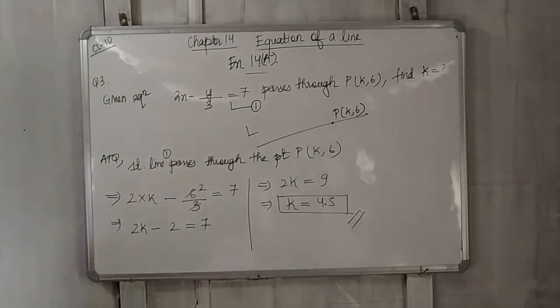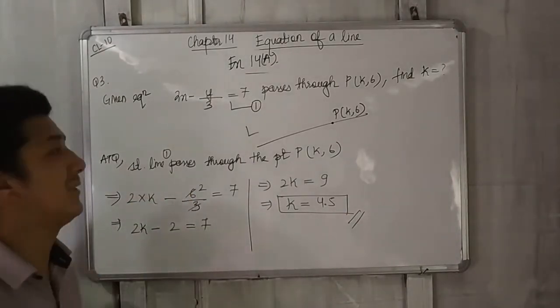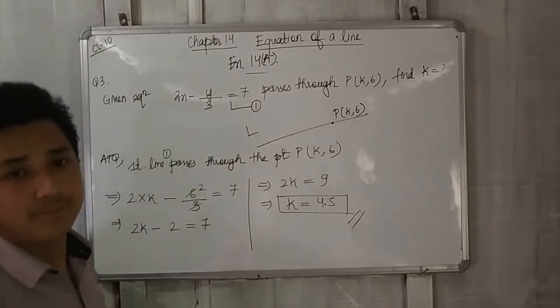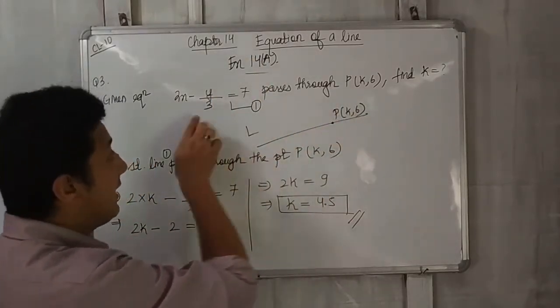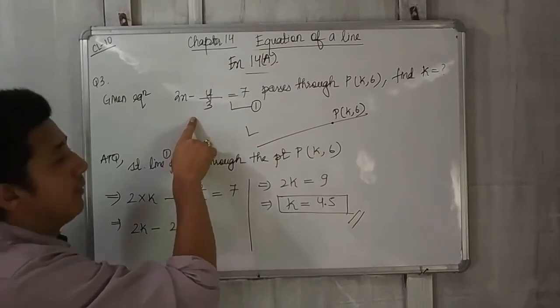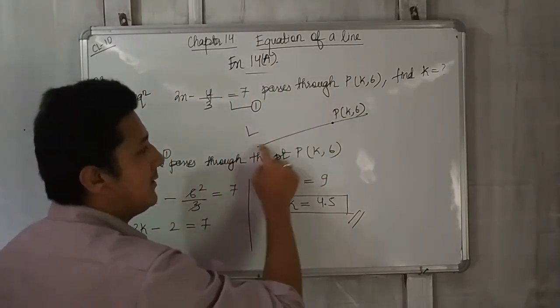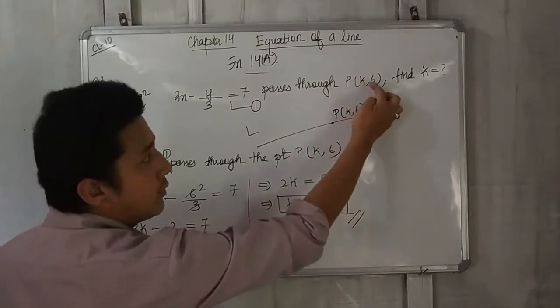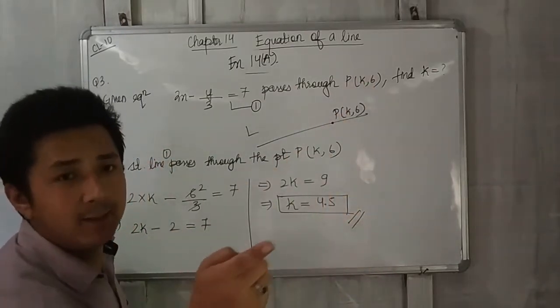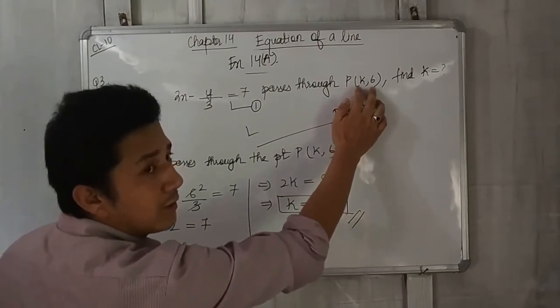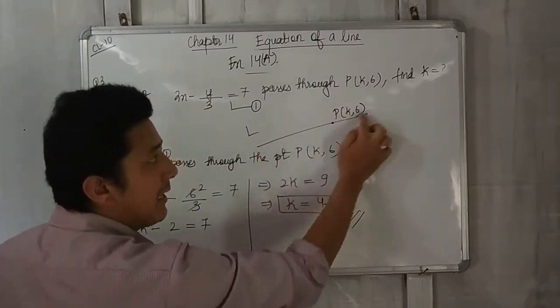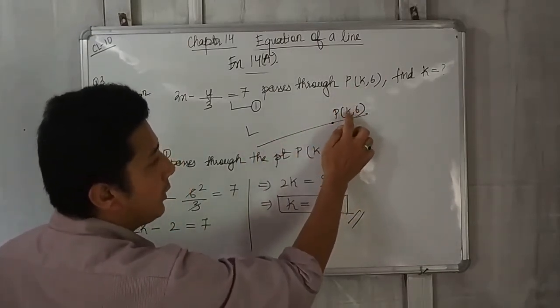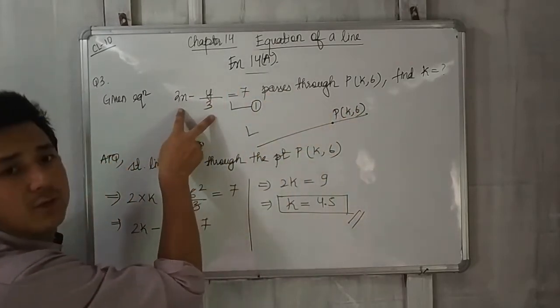Please understand, this concept is very, very important in exercise 4A: if any point lies on the straight line, then the coordinates of this point must satisfy the equation of the straight line.